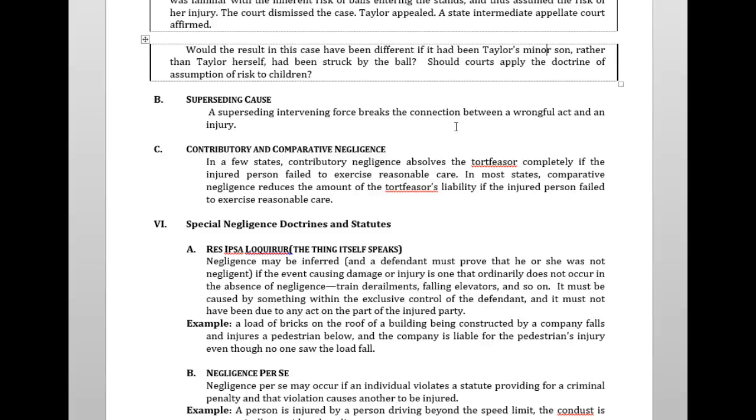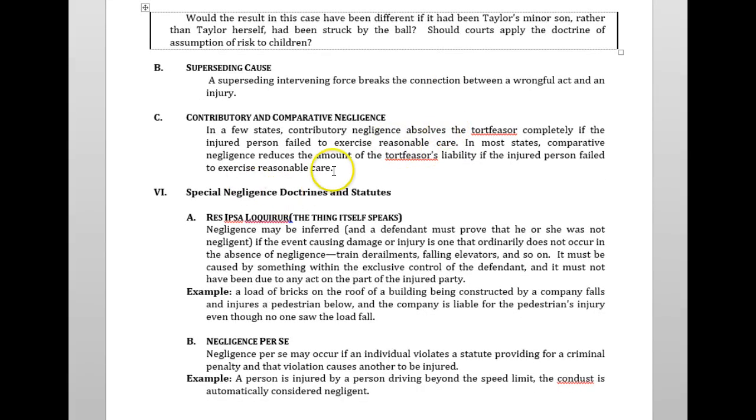Well, whoever hit her with a car is not liable for her burns, but is liable for the injuries she sustained from being knocked off the bicycle. They could not have foreseen the house blowing up, so that's a superseding cause.